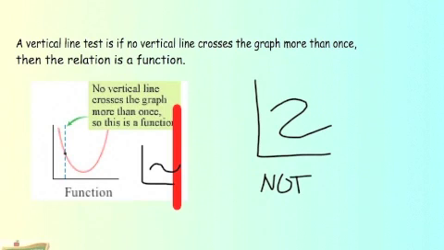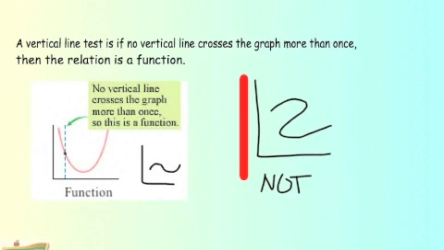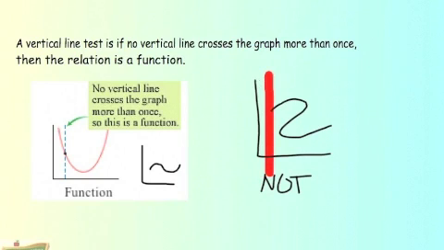And the reason why this is not a function is because if I run my vertical line across my graph, at some point, for example, right here, you will notice that it crosses the graph in 1, 2, 3 places. It crosses the graph in more than one place. So that is not a function.